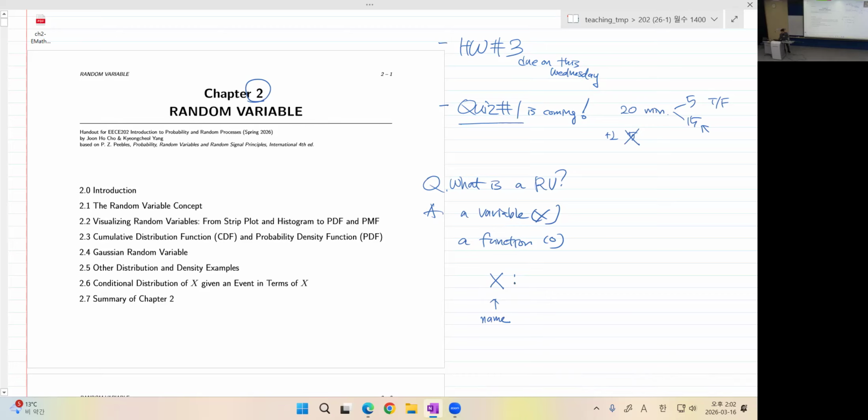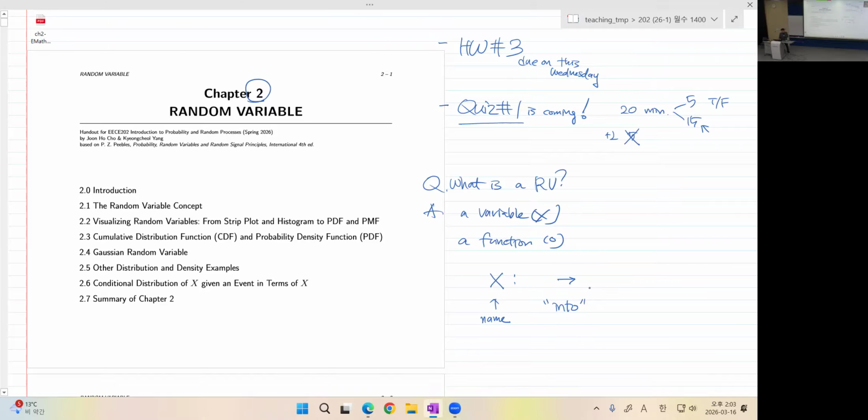Then the standard notation to specify a function, or generally a mapping rule, is what? We put a set to clarify the domain of the function. What is the domain of a random variable? Then we put an arrow, which is read as "into", okay? Then we put another set that is called the codomain.